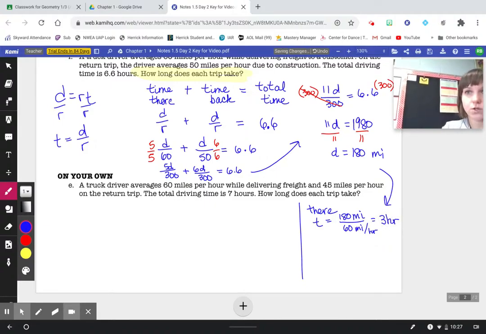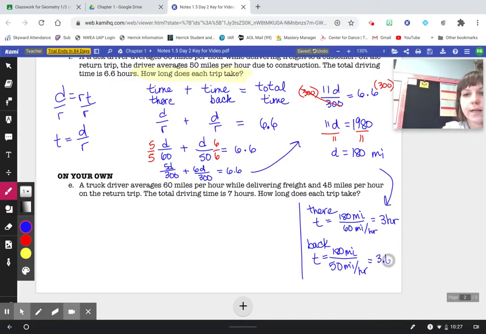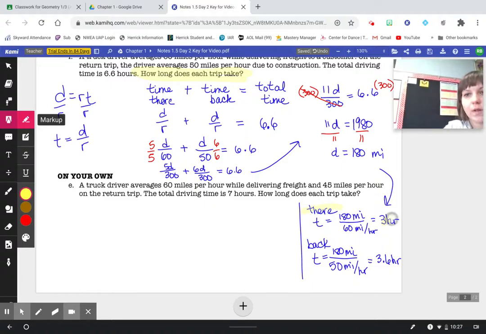So the trip there took 3 hours, and then the trip back, time is equal to, our distance is the same. We drove the same amount there and the same amount back. So 180 miles again, divided by the rate, which was 50 miles per hour. So when I divide 180 divided by 50, I end up getting 3 6/10 of an hour. So on the way there, it took 3 hours. And on the way back, it took 3.6 hours.